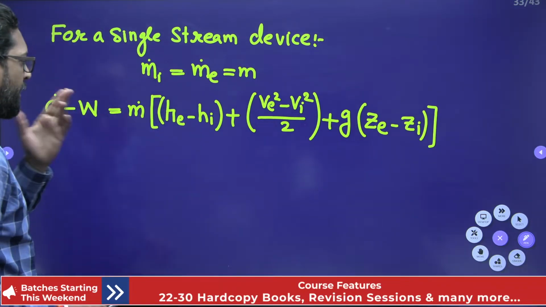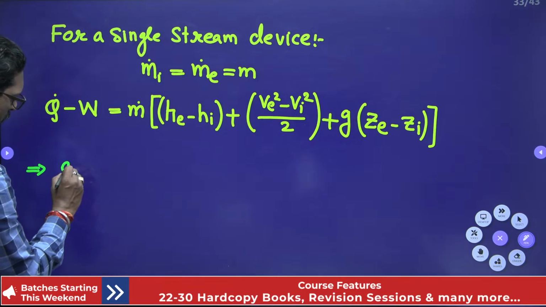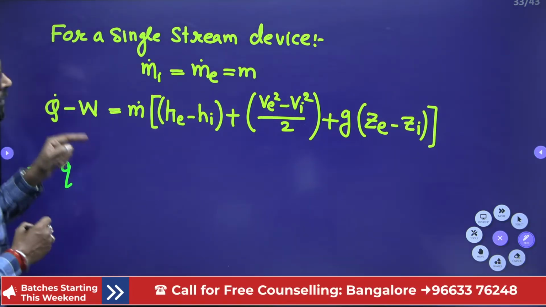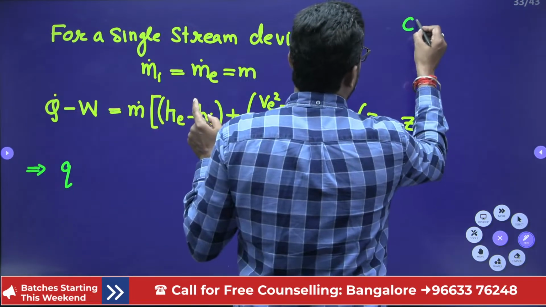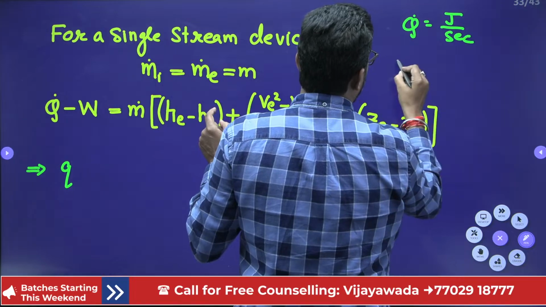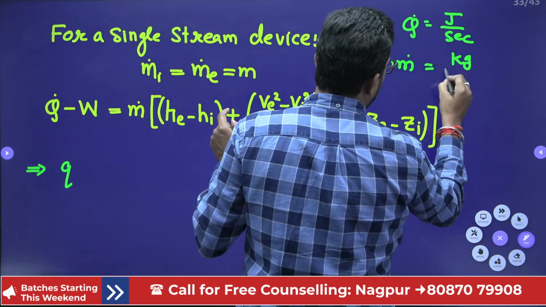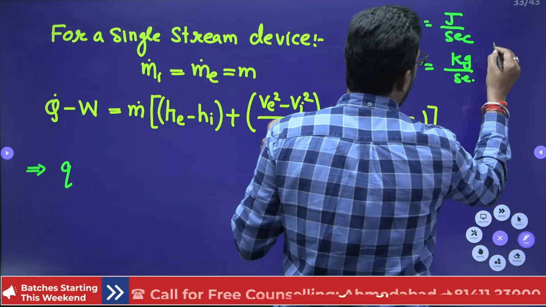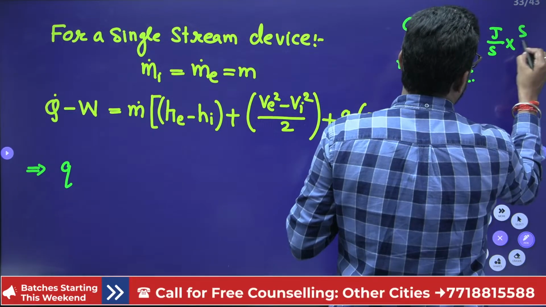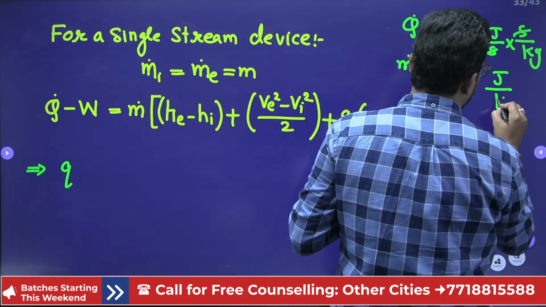Now, if you divide by mass, this is your small q. Why? Because q dot is joule per second, and m dot is kg per second. If you divide joule per second by kg per second, the seconds cancel, giving joule per kg.